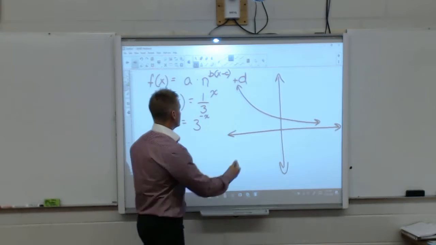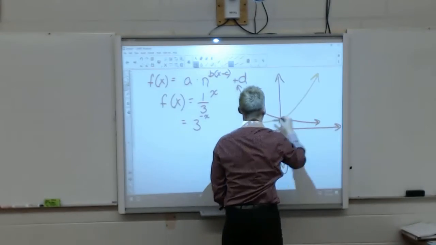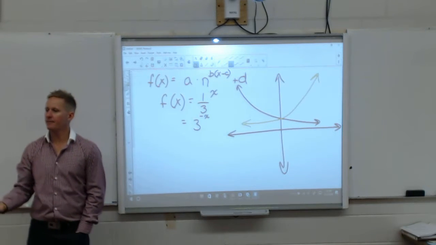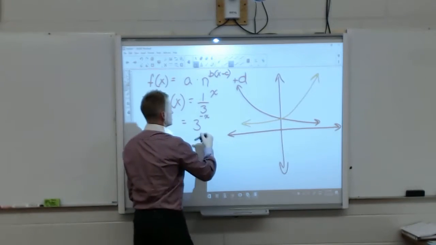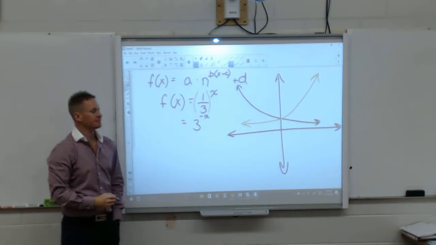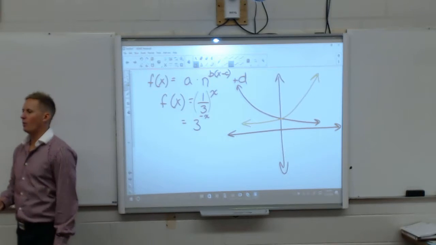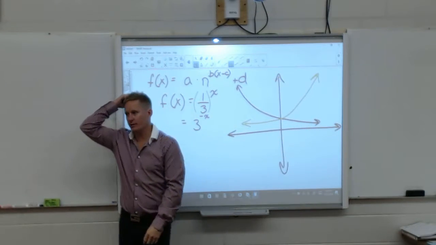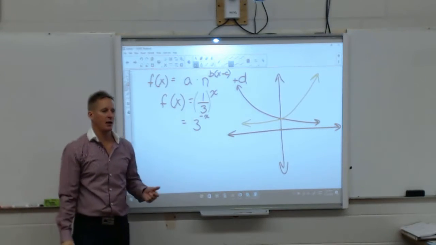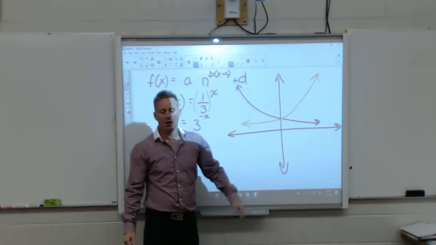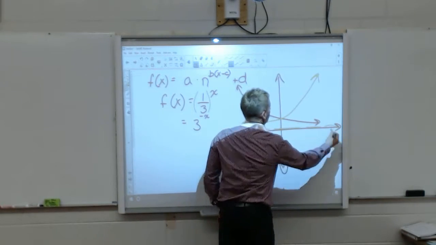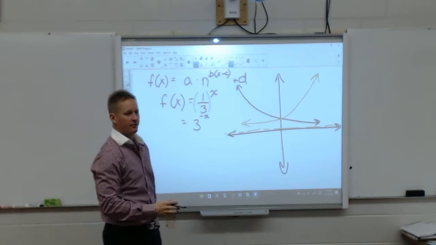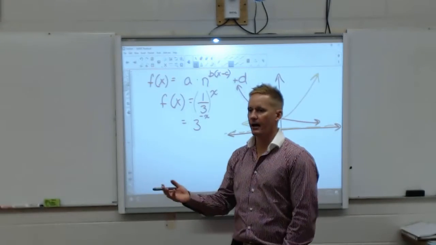So all my negative x's become positive, and all my positive x's become negative. So it flips it over. So the value in which b, our base, is between 0 and 1, meaning it's a fraction, it becomes a decreasing graph. It still goes with the same end behavior, still goes through the same y-intercept, still has the same asymptote. All that I have done is change by reflecting it over the y-axis. Fair enough? We okay with that?